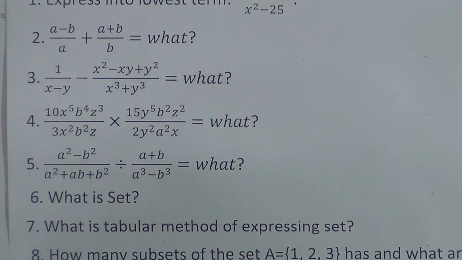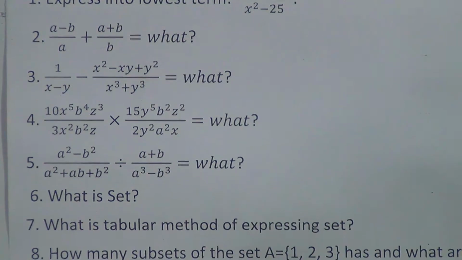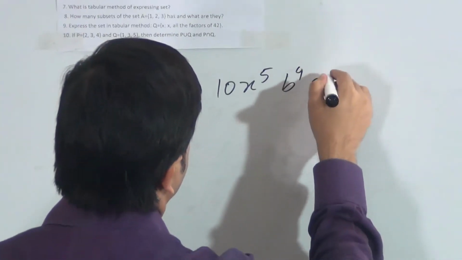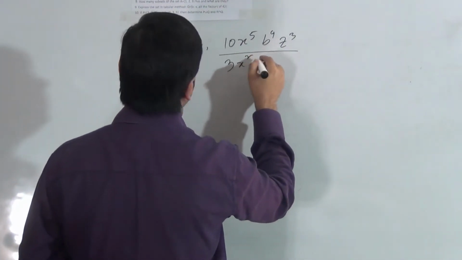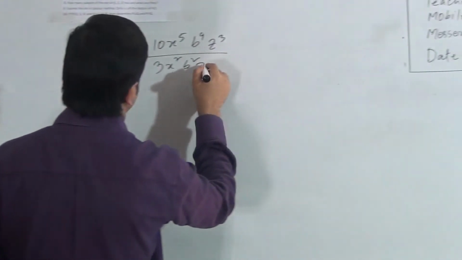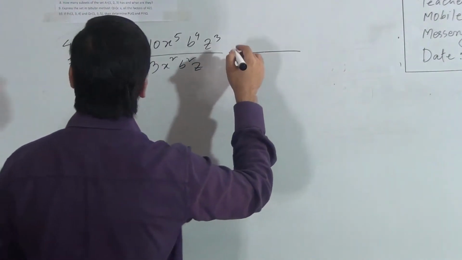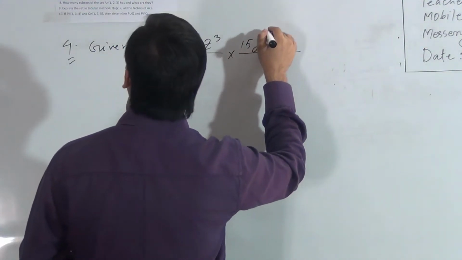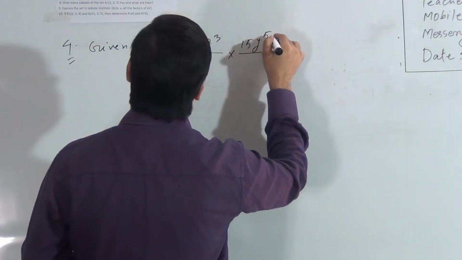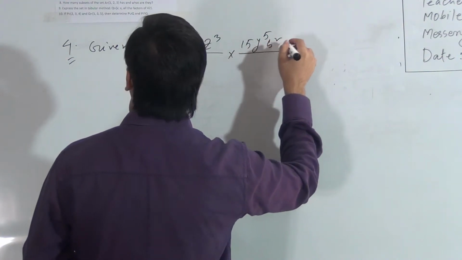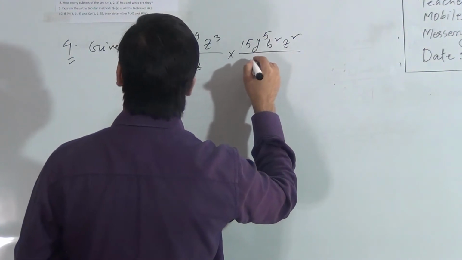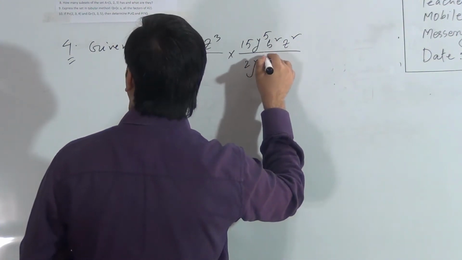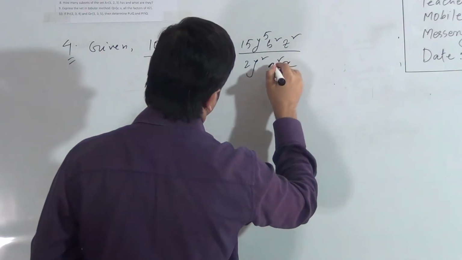Given: 10x to the power 5, b to the power 4, z cube, and here is written 3x square, b square, z, multiplied by 15y to the power 5, b square, z square, and the denominator is 2y square, a square, x.